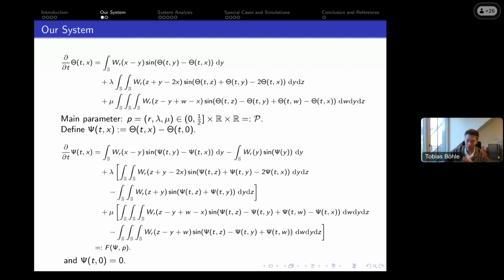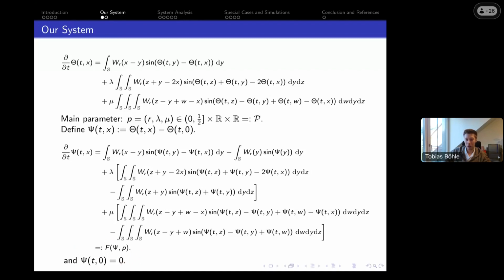But you don't need to remember the right-hand side of our system, because we just abbreviate the right-hand side with an f that depends on the function psi itself and the parameter p. So the function psi then satisfies this differential equation here. And importantly, psi also satisfies this boundary condition. If you evaluate psi where x is equal to 0, then the value of psi will also be 0.